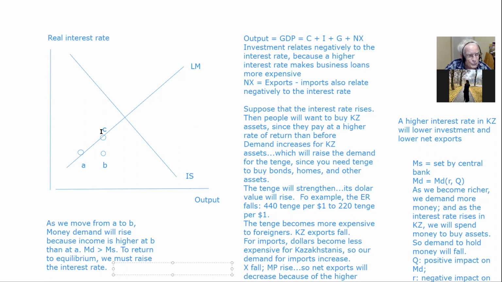At point C, we return to equilibrium. Money demand again equals money supply.